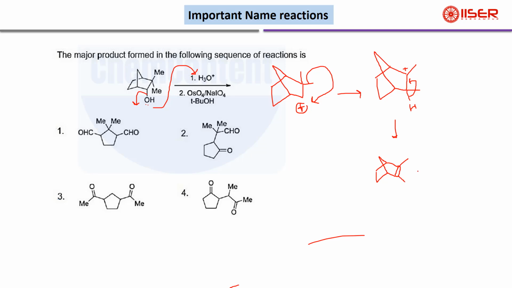After that, if you add osmium tetroxide, it will undergo a dihydroxylation.